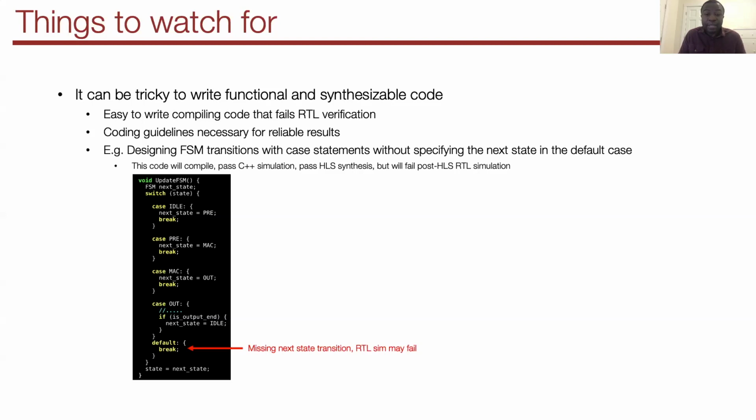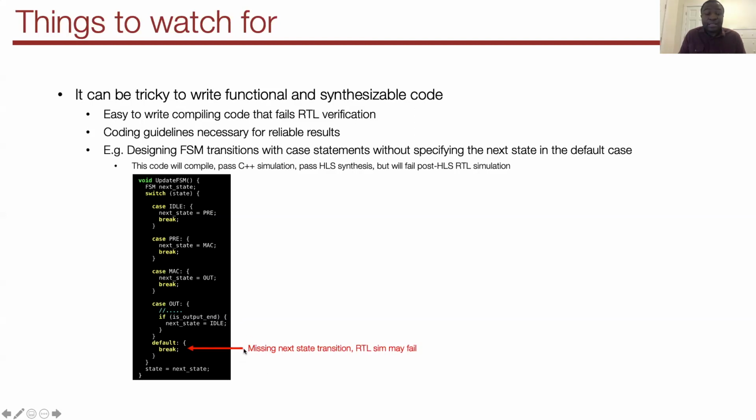For example, in some cases, you may write code that passes compilation and C++ verification, but actually fails during the final RTL verification. This is illustrated here in this code, which implements FSM transition states.